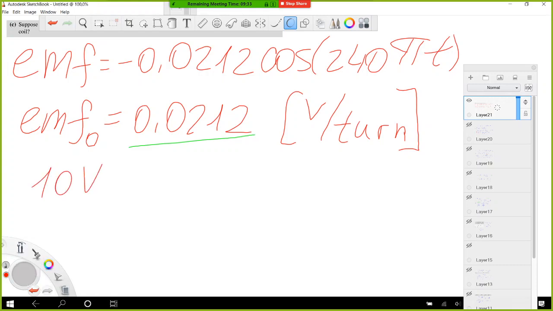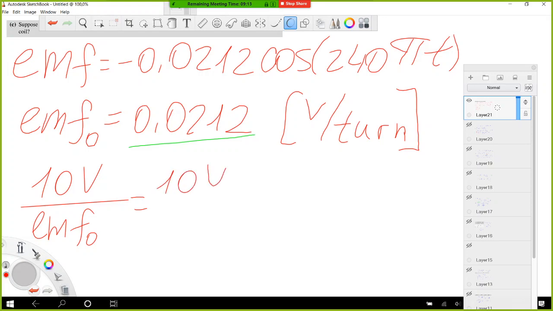In order to find the number of turns needed to reach this peak value, we need to divide 10 volt by EMF 0, the peak value of one turn.